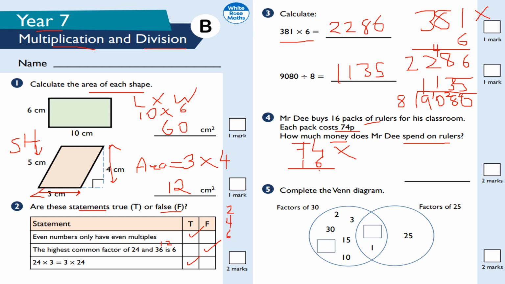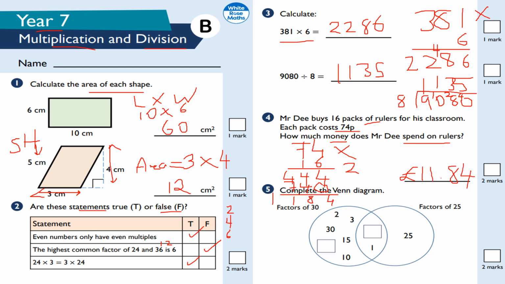So 4 times 6 is 24. 4 carry the 2. 6 times 7 is going to be 42, plus the 2 is going to be 44. 0. And then 1 times 4 is going to be 4. 1 times 7 is going to be 7. Adding my answers together, I get 4, 8, and 11. So he spends £11 and 84 pence.